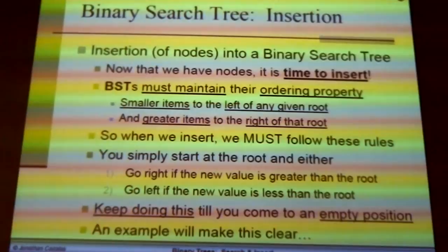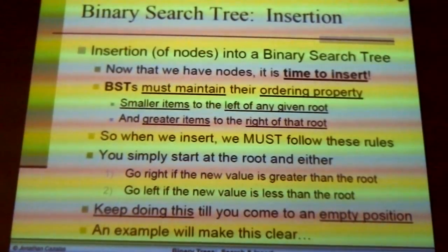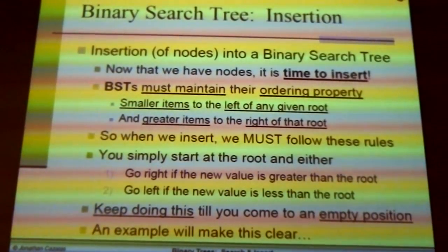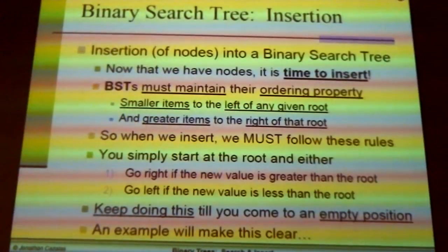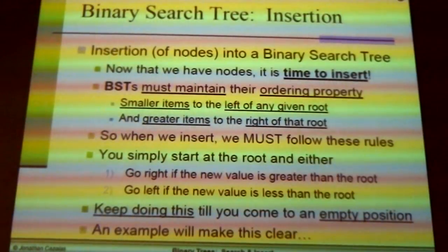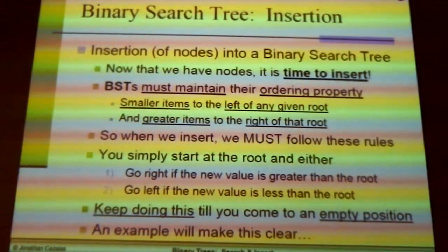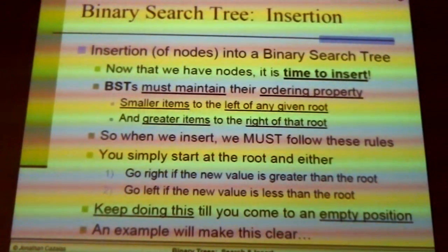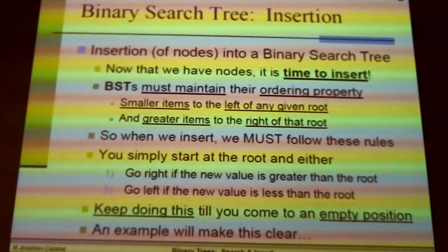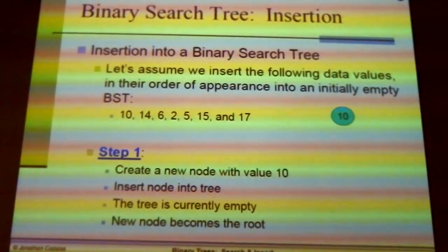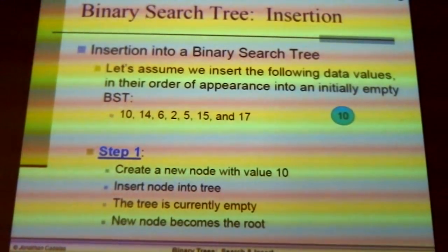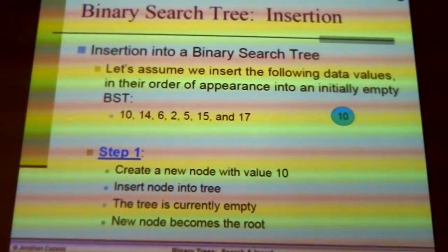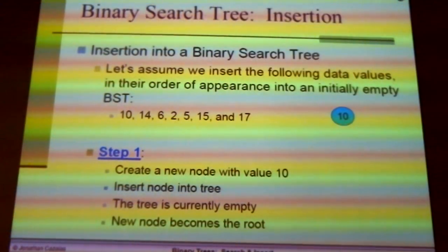And you keep going until you find an empty position. How do I know I found an empty position on the left or the right? What's it going to equal? Null. That's how you know. Does that make sense? Just like a linked list. That's why we stick so much on linked lists, because it really does roll forward into everything we're doing here.